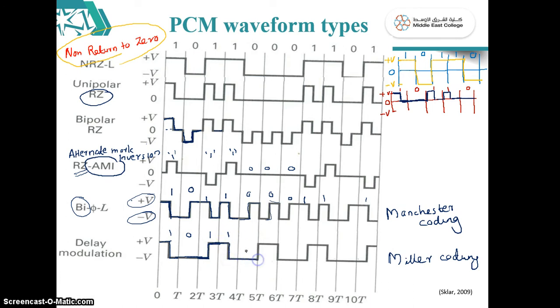This is a 0, no change. This is again 0, because continuous 0 means it will change, not at the middle of the bit but at the end of the bit interval. Now again 1, the state will continue till the middle point, then it will change. So this is called delay modulation.